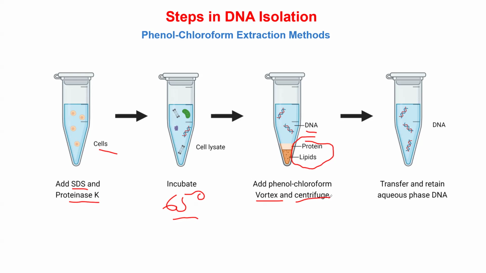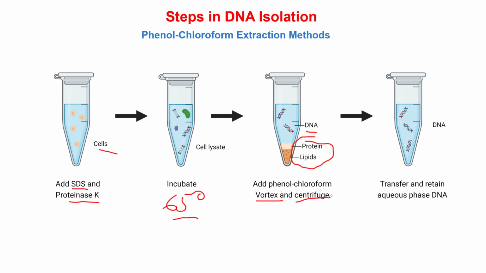The heavier one will settle down, while the less heavy ones will be at the top. So after adding phenol-chloroform, vortexing, and centrifuging, the proteins settle down, so we don't need them.